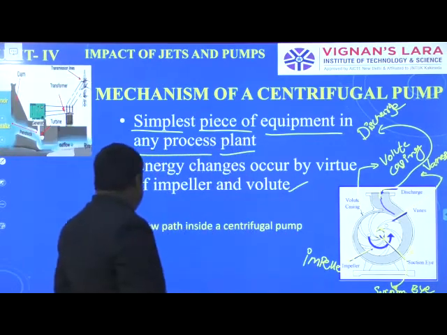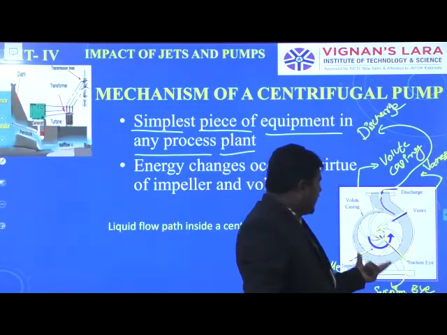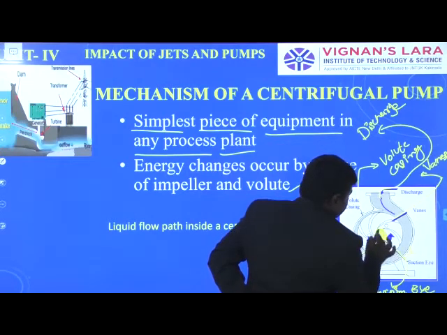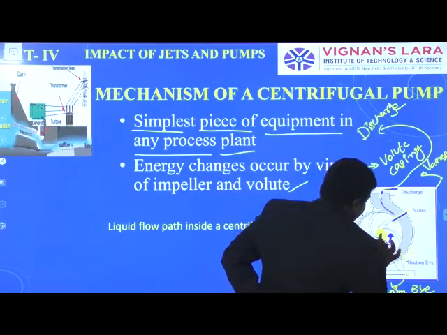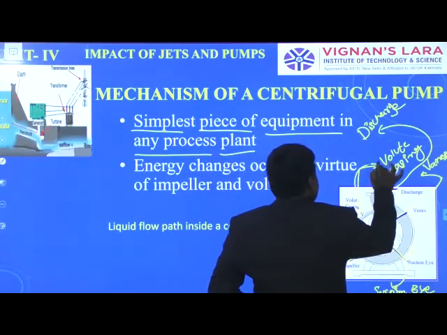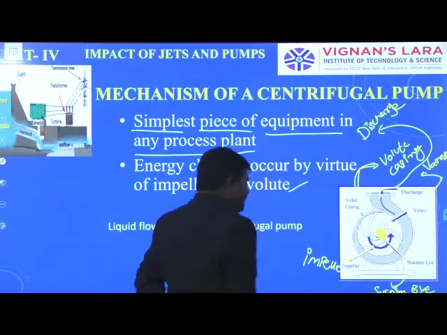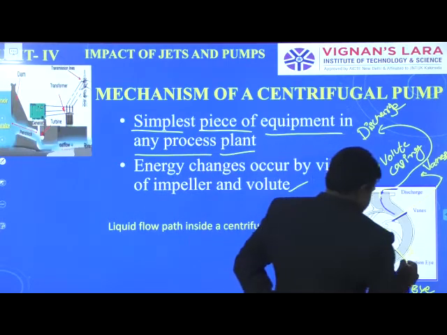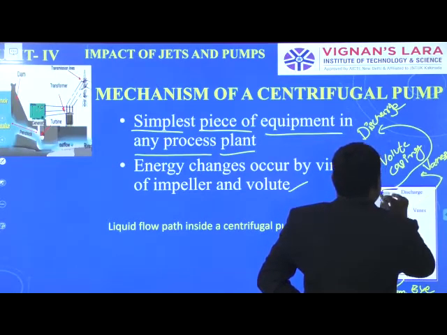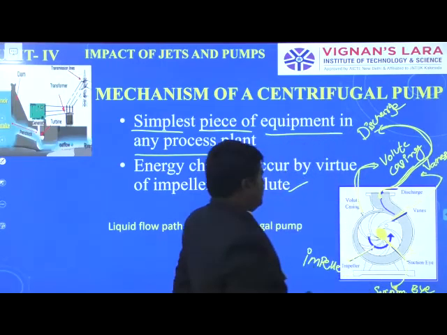The liquid flow path inside the centrifugal pump: in this diagram, this part belongs to the suction eye part, this is the volute casing, this one is the impeller, this is the suction eye and the vanes, and this one belongs to the discharge.